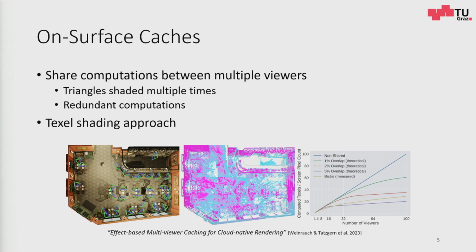The image below is just an example. You have the Bistro interior scene, with a lot of viewers on the tables, like a VR chat kind of experience. In the middle image, you can see the overlap. Red is a lot of overlap, blue less, and white is no overlap at all. The graph to the right shows the sublinear scaling for the computations, which decreases with the number of viewers.